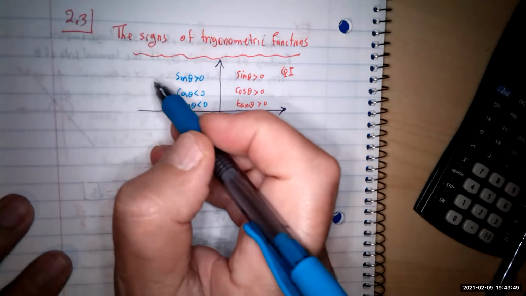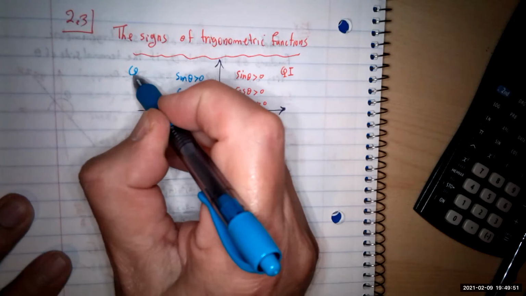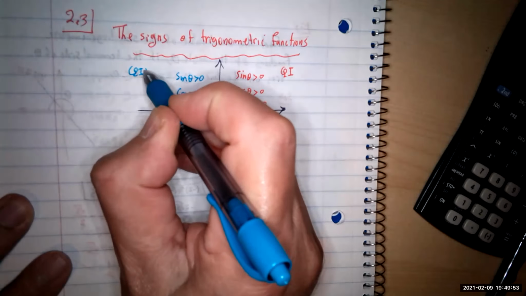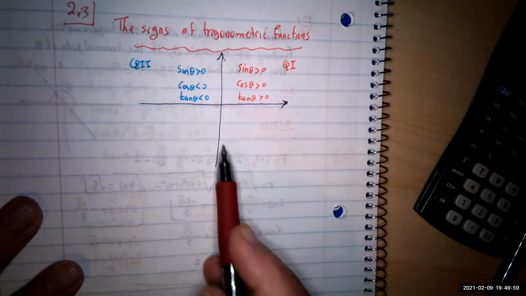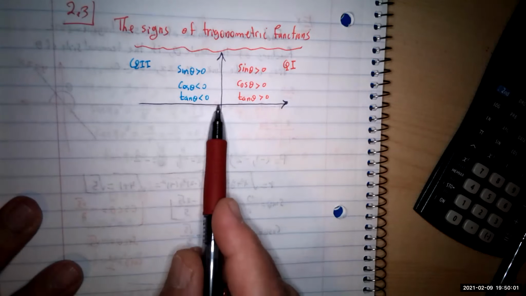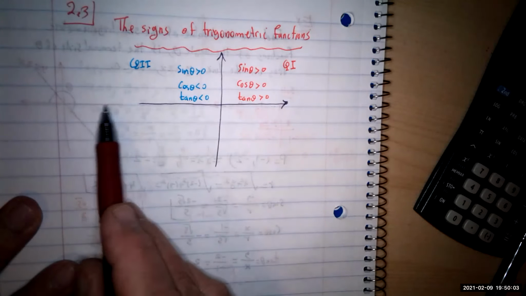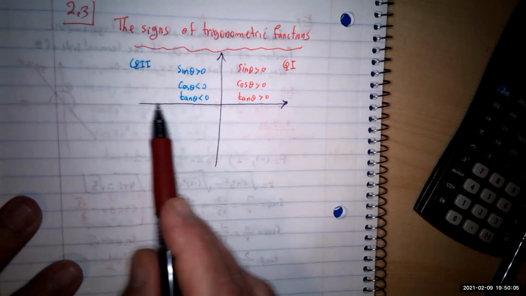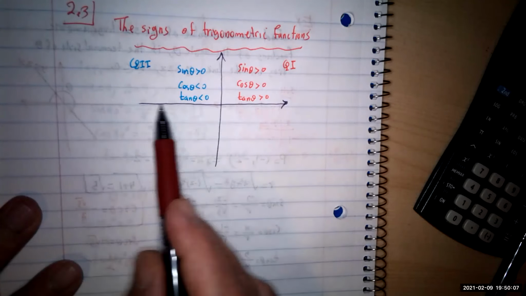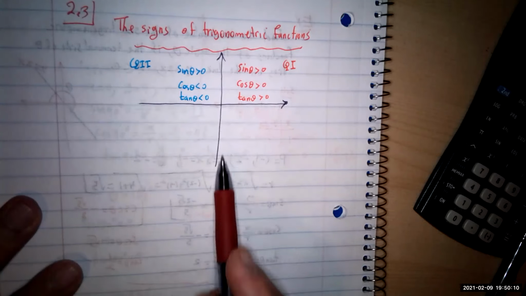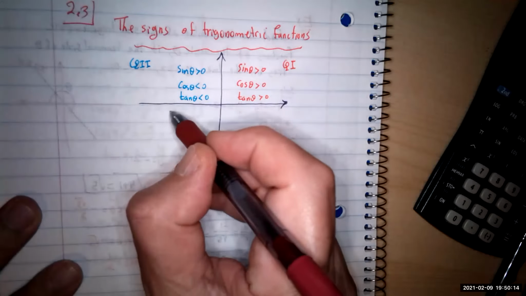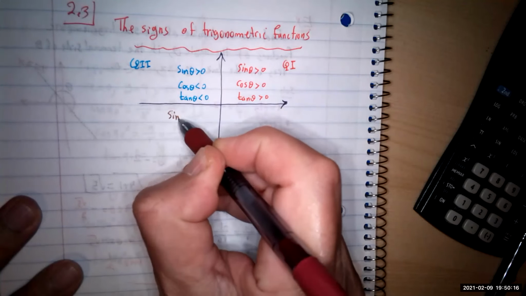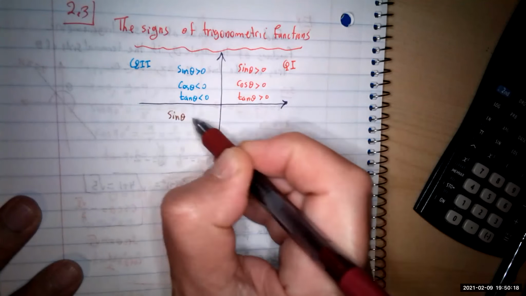So if you are going to be in the second quadrant, this is the information that you're going to carry. Okay. If you are going to be here, only tangent positive. X is negative, Y is negative. Okay, so this means the sine, which starts with the Y, is going to be negative.